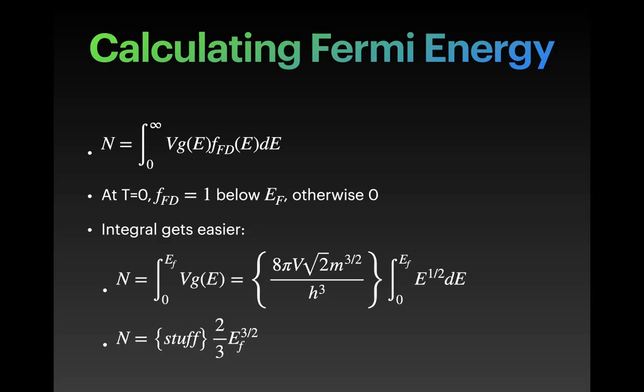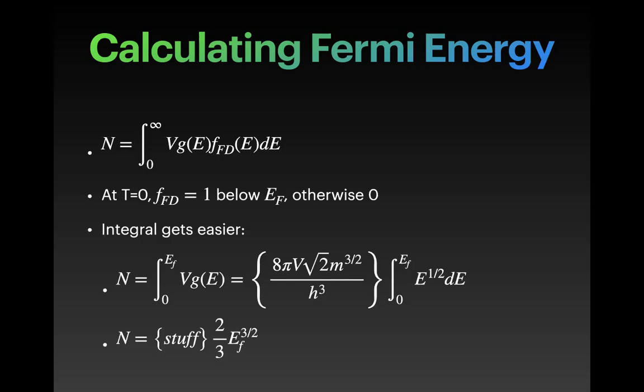I see that I left a factor out of this first integral here. It should be the same one as above. I left out the Fermi-Dirac factor and the dE. But in the part where I spelled everything out, the stuff in brackets just comes from the density of states, and the density of states has a square root of energy in it. So we just need to integrate that from 0 to E Fermi.